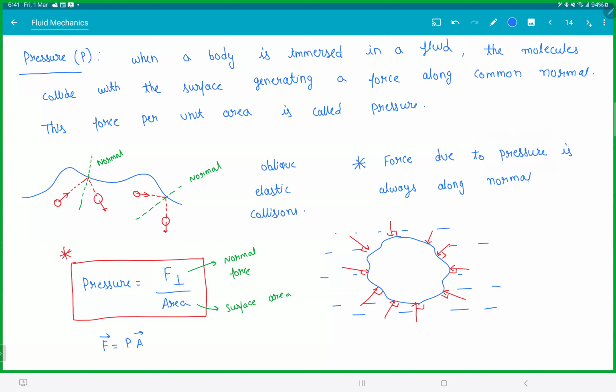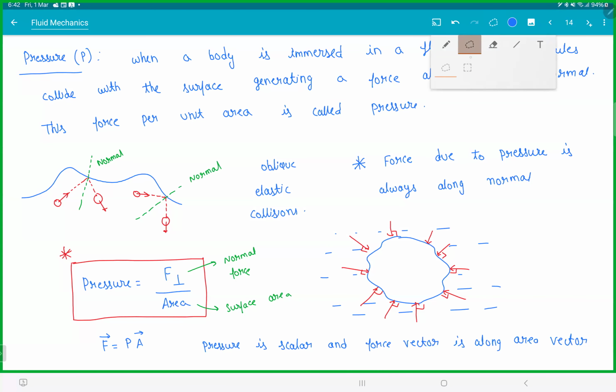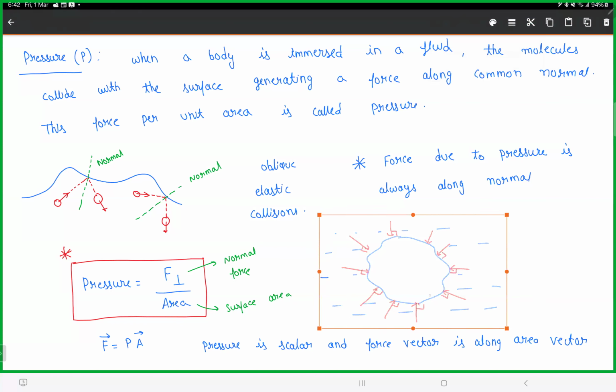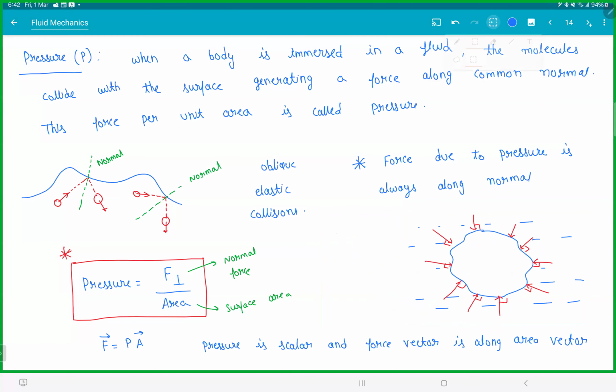P is a scalar. Do have a look at this picture.